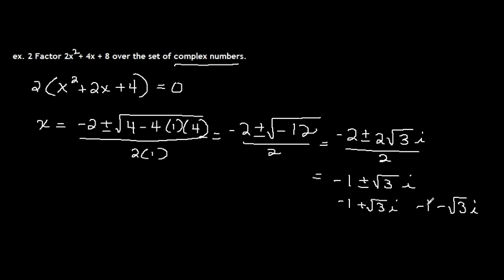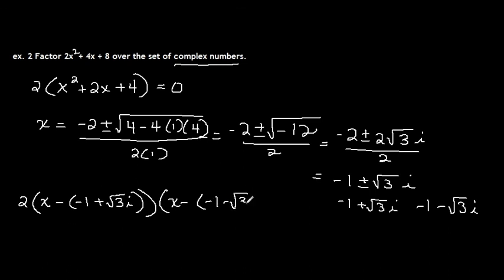So they want us to factor it. We're going to have our 2 as our one factor. We factor that out right away. So we're going to have x minus negative 1 plus the square root of 3 i, and then we're also going to have x minus negative 1 minus the square root of 3 i. And then we're just going to multiply all that out, and we'll have our factors.